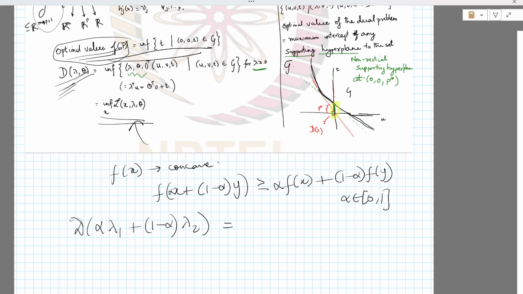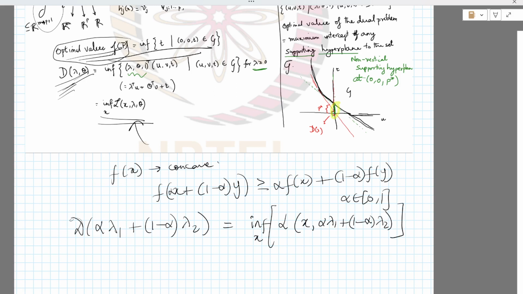This is equal to the infimum over x of the Lagrangian with the effective lambda, alpha lambda 1 plus (1 minus alpha) lambda 2.